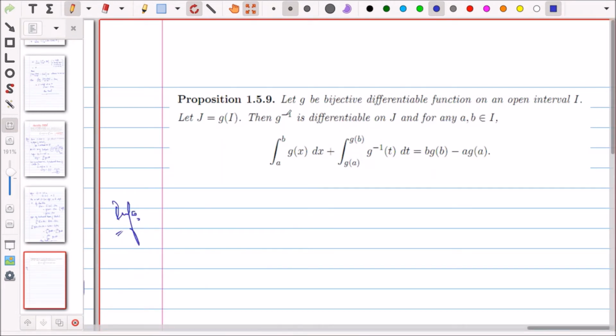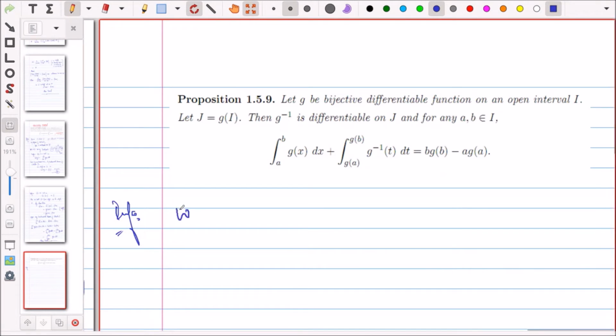So g inverse is differentiable. This we have done in our previous semester, that if any bijective function is differentiable, then its inverse is also differentiable, right? Inverse function theorem. What was the name of that theorem?